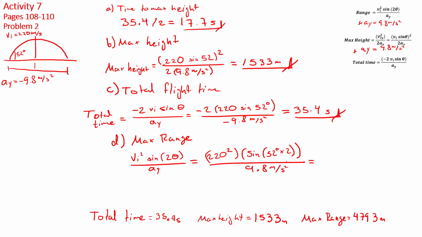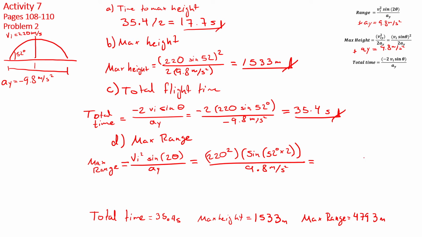And this, please try to calculate that number. In this case, we may have a slight difference, but it's given by the decimals that we are using. And this is again the maximum range, the total horizontal displacement. Try to solve it and see if you have the same answer as me.